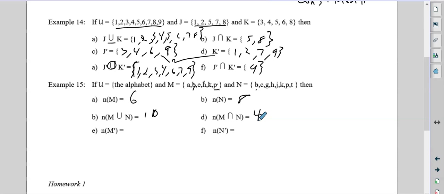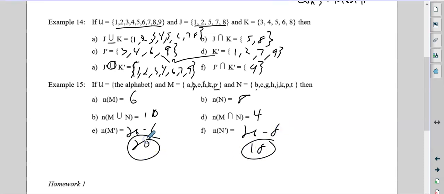All right, the number in not M. If M is 6, then that's 26 minus 6, which is 20. And the number of not N would be 26 minus 8, which is 18. And that's it.